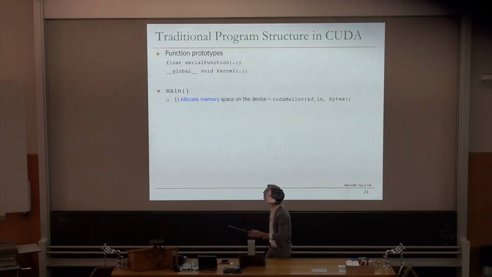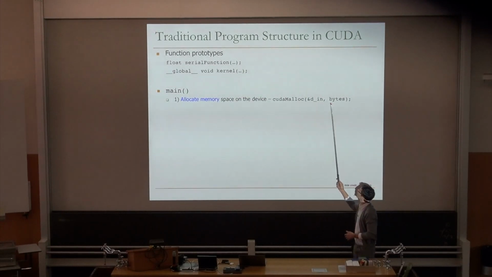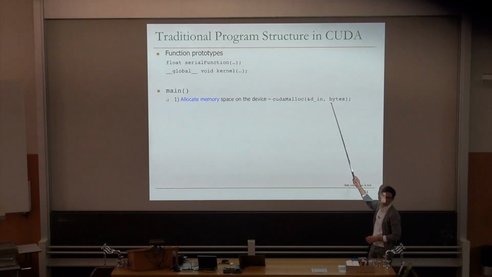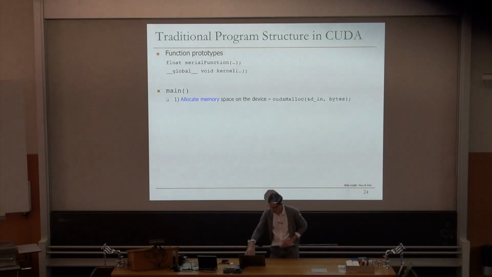And the way that we are going to do it is using not malloc, but something called cudaMalloc. How much space do we want to allocate? This number of bytes, and we need a pointer, that is this d_in. So this is the pointer that is pointing to this amount of bytes that are reserved in the global memory.